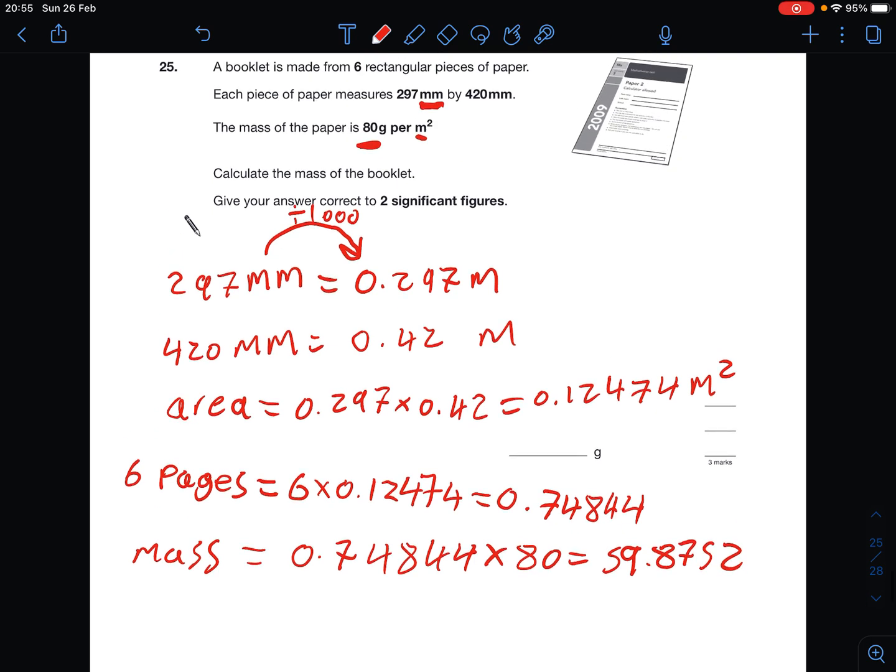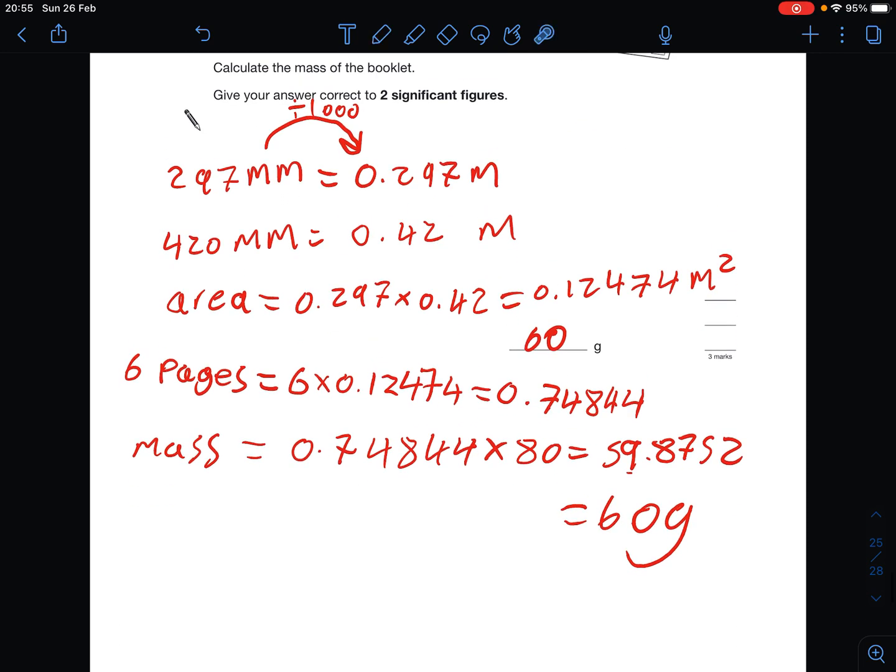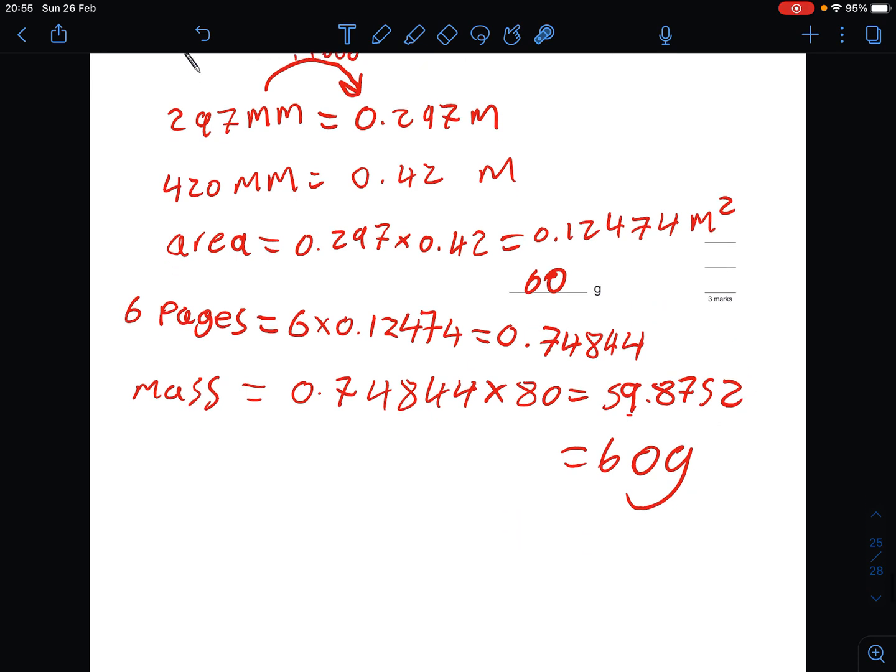To 2 significant figures, so second significant figure is 9, what's after it is an 8, so that goes to 60 grams. Okay, 60 grams. So I turned millimeters into meters, found the area of one page, so the area of 6 pages, and therefore the mass of 6 pages.